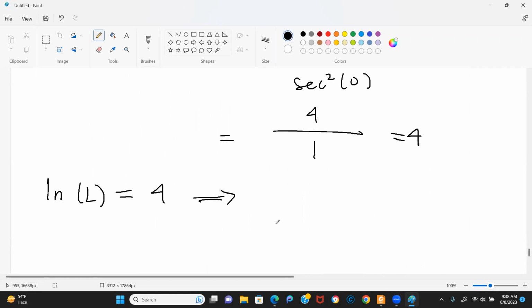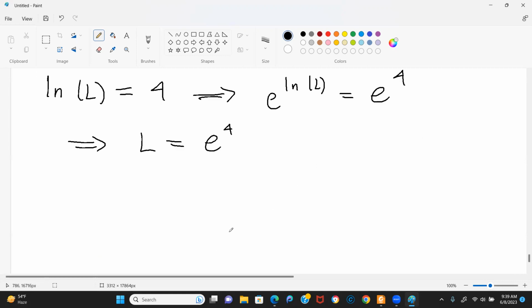But now we applied that natural log to the limit to compute the limit, and now we just exponentiate. We just kind of peel off the natural log. We take e to the ln of L is equal to e to the 4. But the exponential and the natural log are inverses, so we have L is equal to e to the 4th.